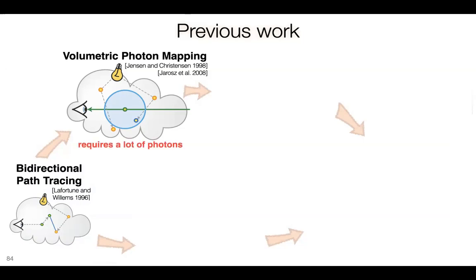The problem here was that it requires a lot of photons. There were recent works, I think Carol talked about this, about progressive photon mapping, which resolved this issue.